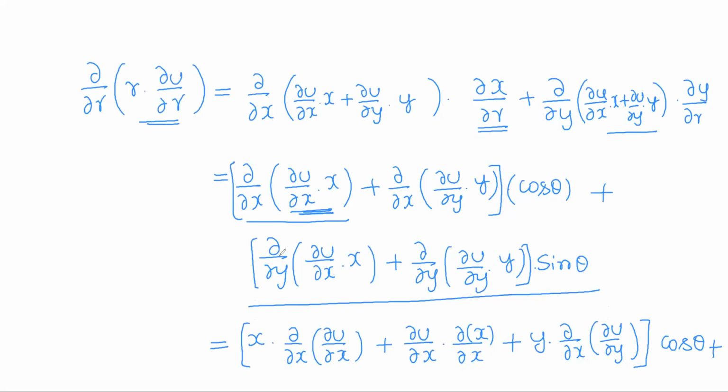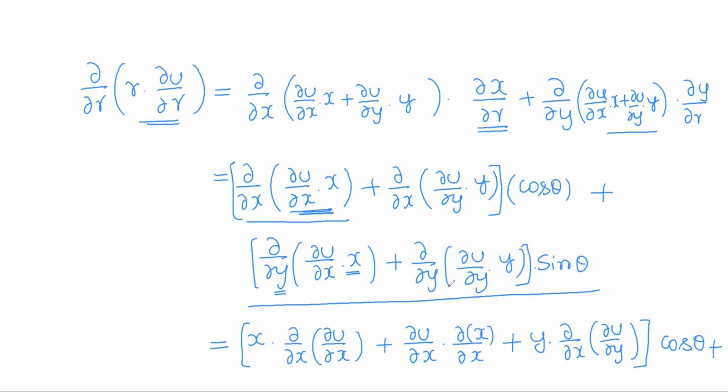It is ∂/∂y of ∂u/∂x into x. As we are differentiating with respect to y partially, x is constant, so take it outside. So what will be x into ∂/∂y of ∂u/∂x plus, next ∂u/∂y into ∂/∂y of ∂u/∂y into y.